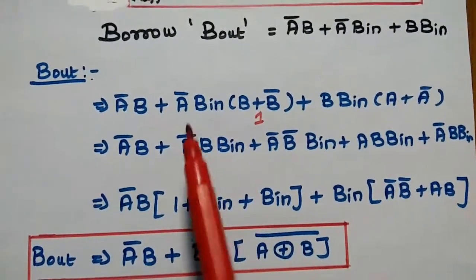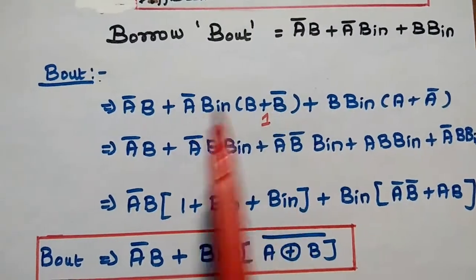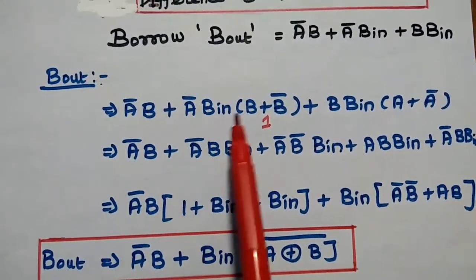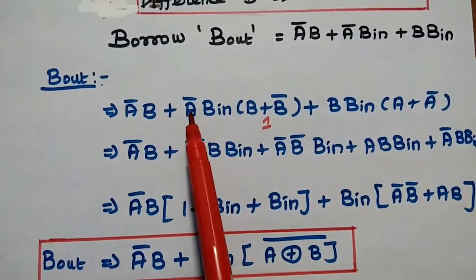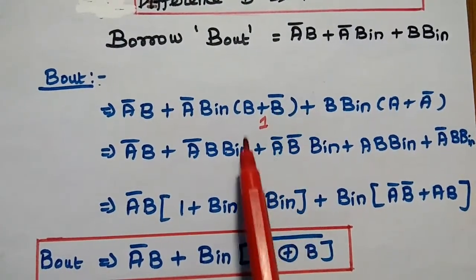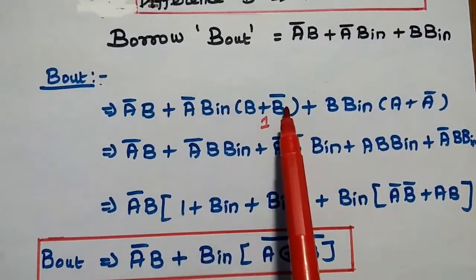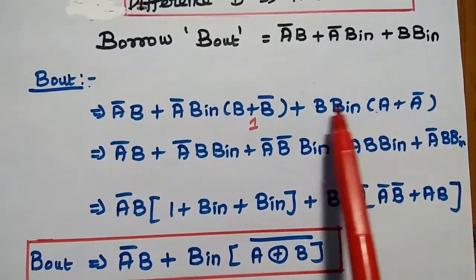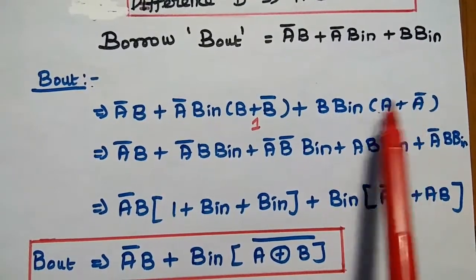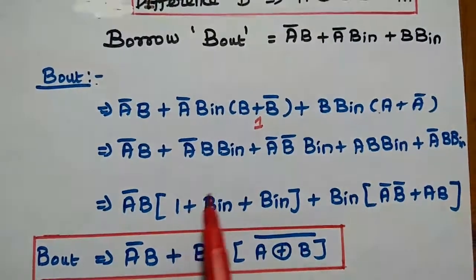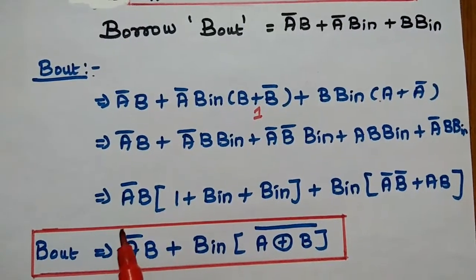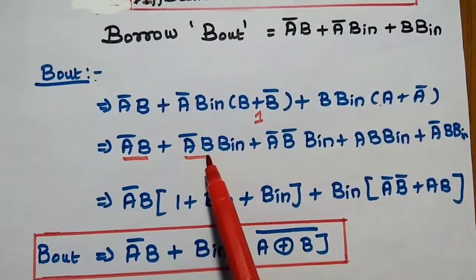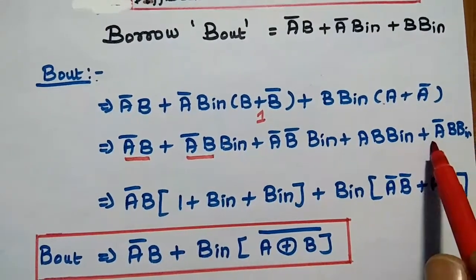In the next step we have to multiply inside, then we can get A bar B plus A bar B B in, then multiply this with B bar, we get A bar B B in plus B, here A B B in plus A bar B B in. So next we are going to simplify this. Here A bar B is common for these three terms, right?